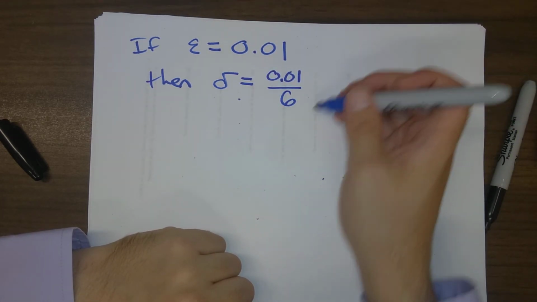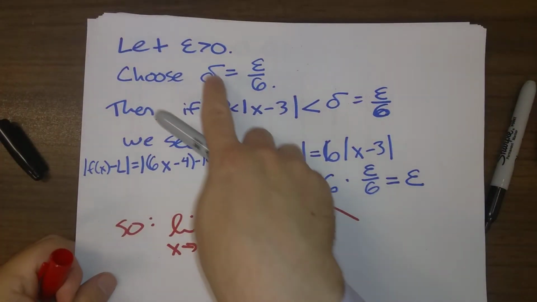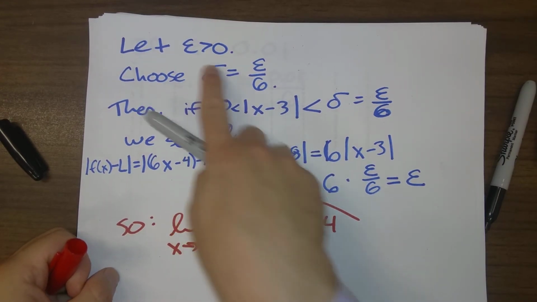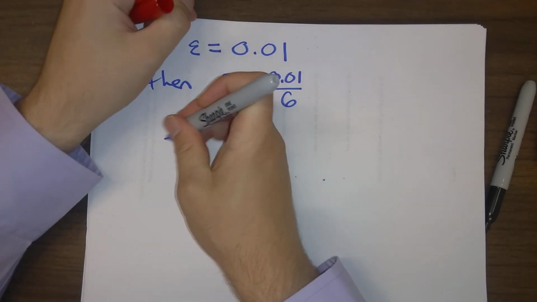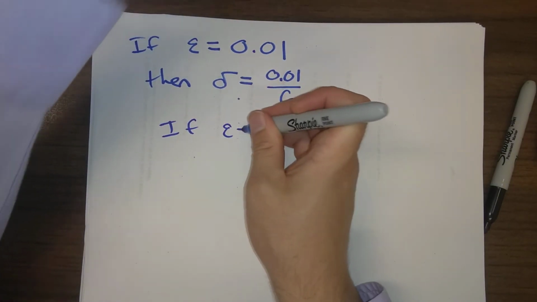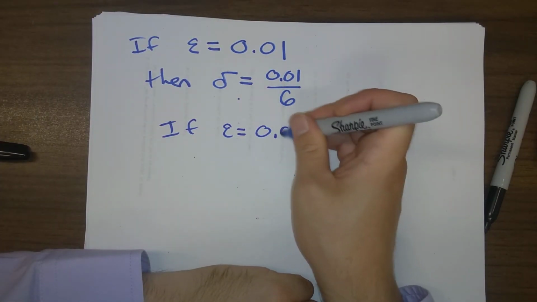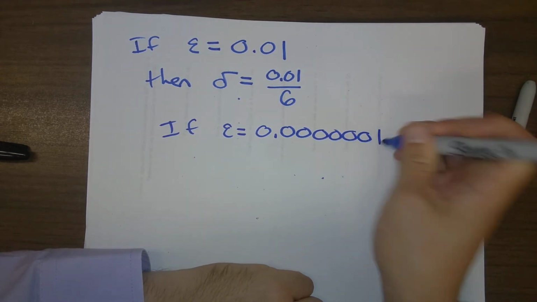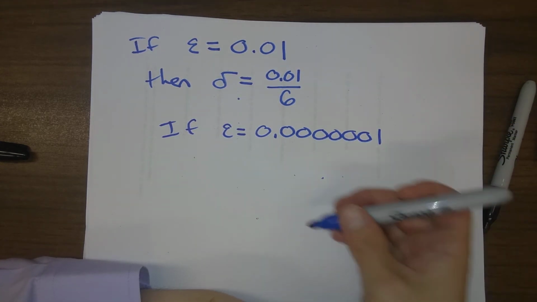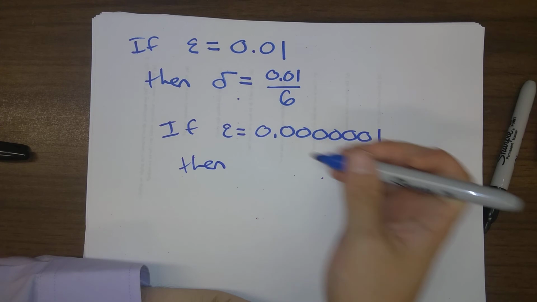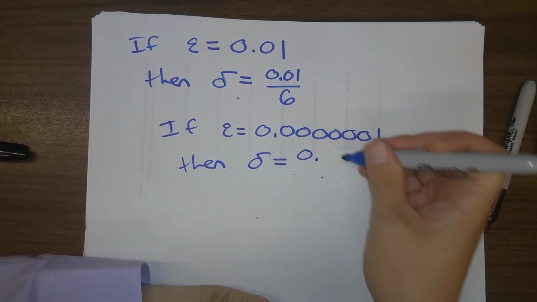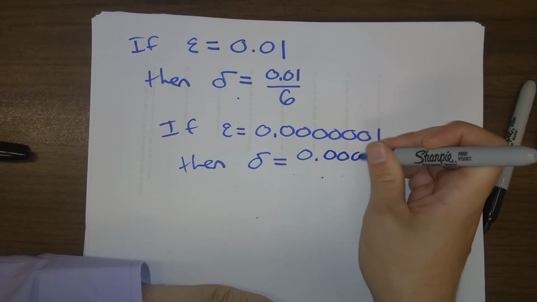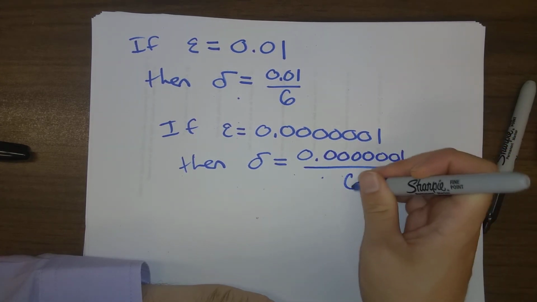So you're given epsilon greater than 0, and here's how close you want to choose things. If we choose epsilon to be 0.000001 and we want to be really, really, really small, how close do we have to get? Choose delta to be, let's see, 6 zeros and a 1, over 6.